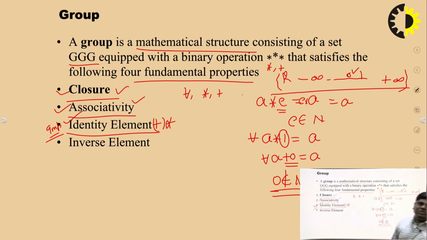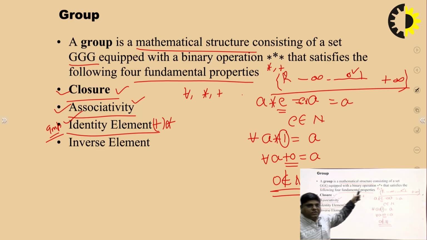Both 0 and 1 are elements of the set of real numbers, so both are elements of that mathematical structure. So for the multiplication operation and for the plus operation, the identity elements both exist. So the set of real numbers follows the identity element property.